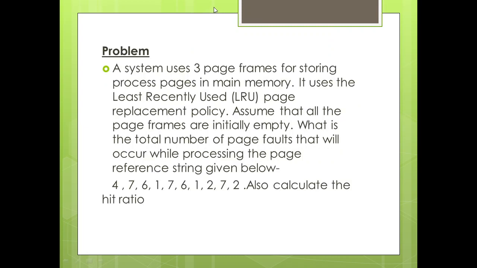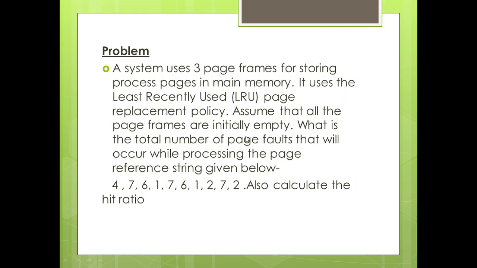The working of the LRU algorithm can be understood with the help of the following problem. We have a system with 3 page frames for storing the process pages in the main memory. It uses the LRU page replacement policy. We assume that all the page frames are initially empty.